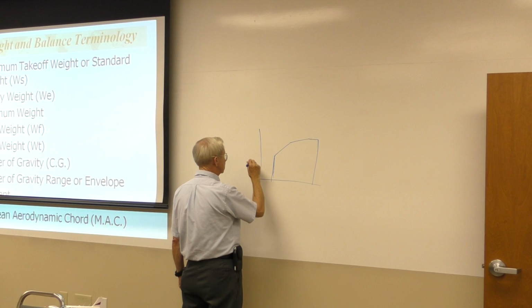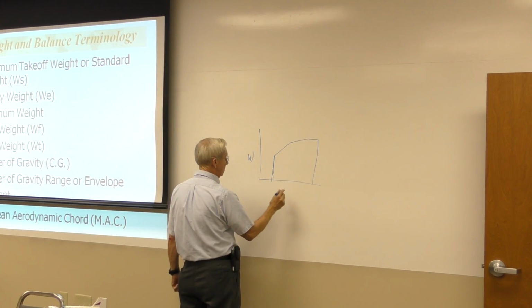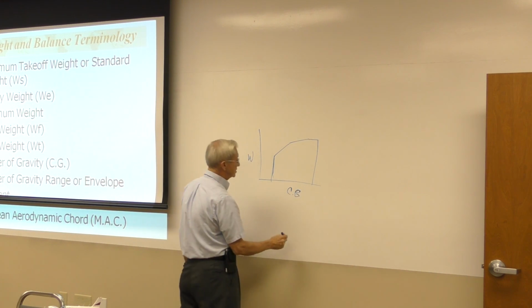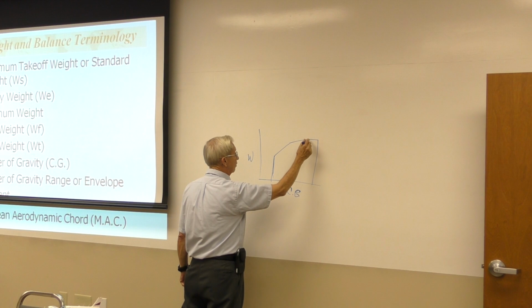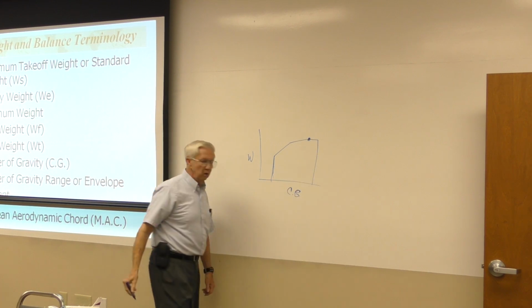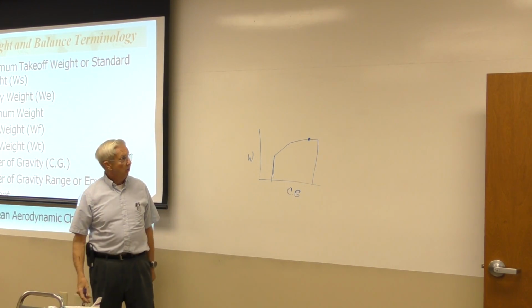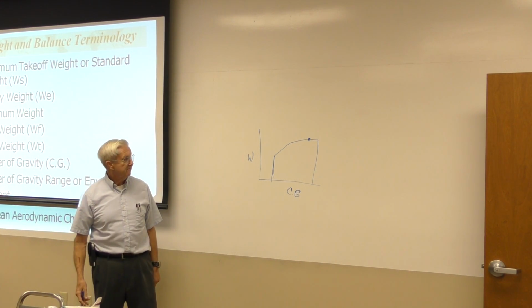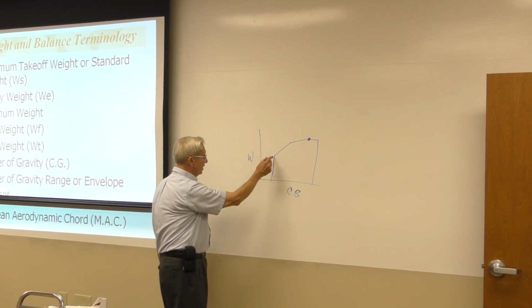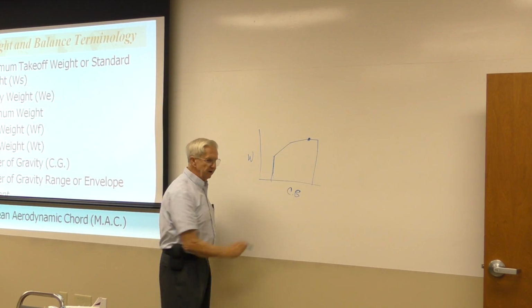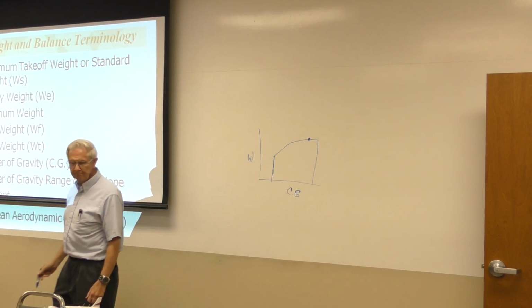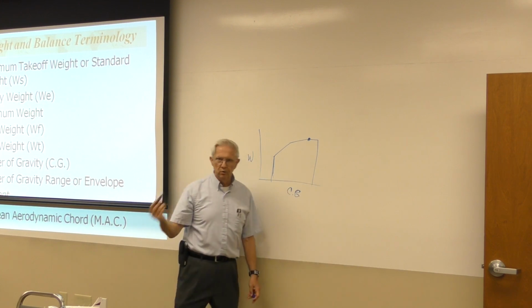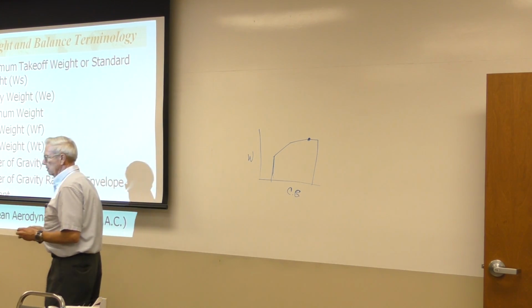It'll look something like this, where this is weight, and this is CG. And we're going to be concerned with this point right here most of the time. That's the most forward center of gravity at maximum gross weight, okay? That's where that point is. Now we have some other, more forward center of gravities, but they're at reduced weights. So we're going to be concerned about this one. We're going to try to load to it most of the time, or at least close to it.